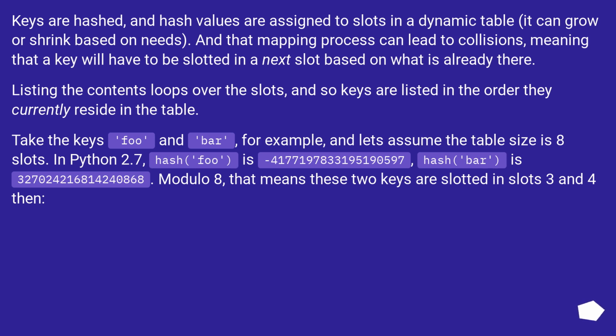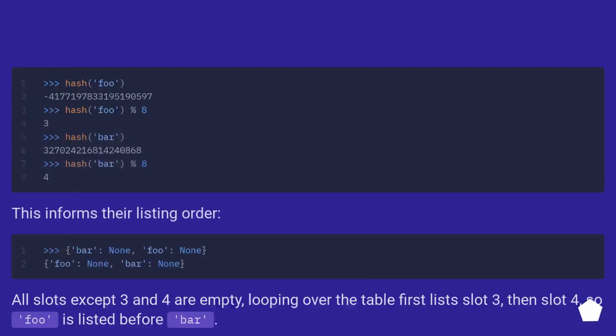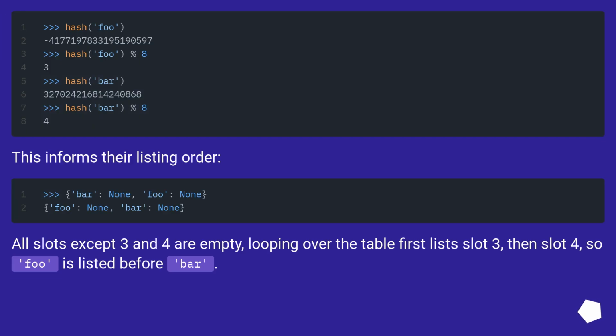Modulo 8, that means these two keys are slotted in slots 3 and 4 then. This informs their listing order. All slots except 3 and 4 are empty. Looping over the table first lists slot 3, then slot 4, so foo is listed before bar.